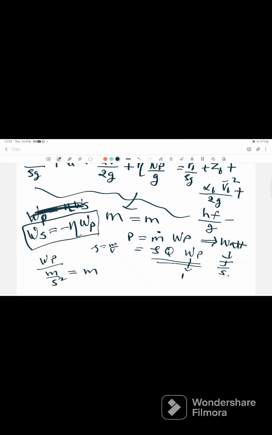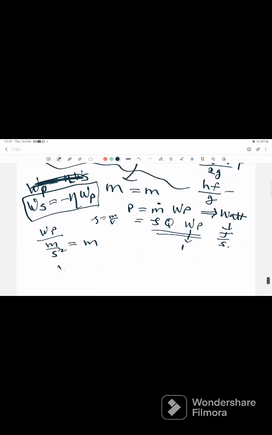Okay, so WP is meter square to second square, WP meter square by second square.